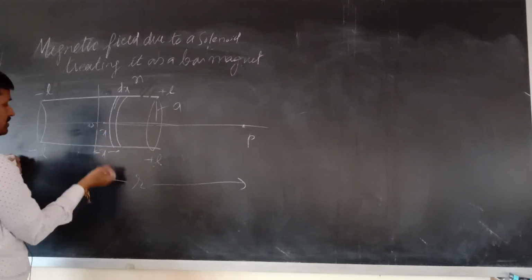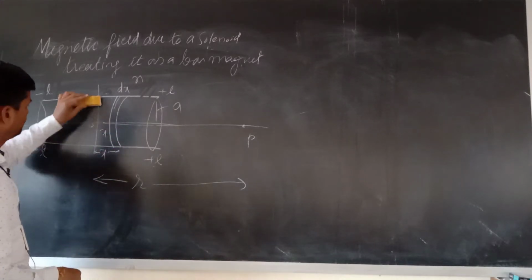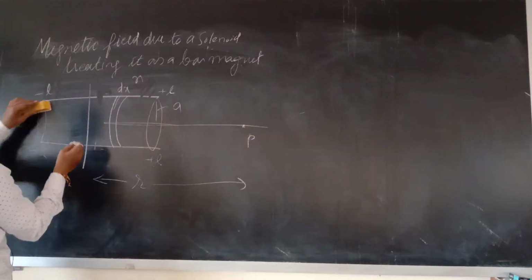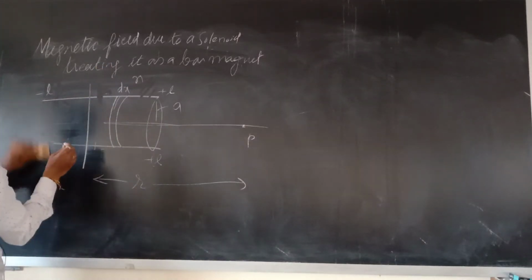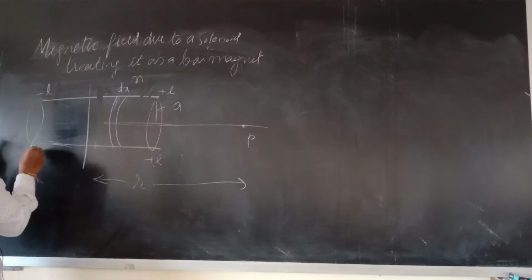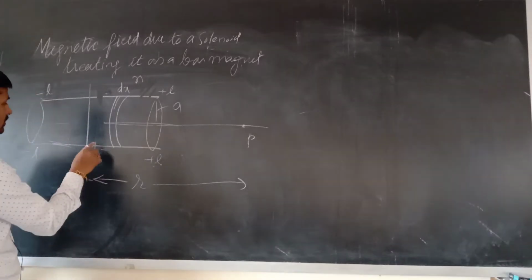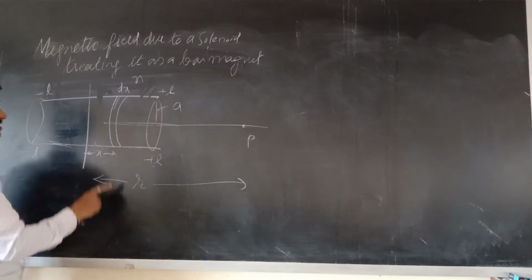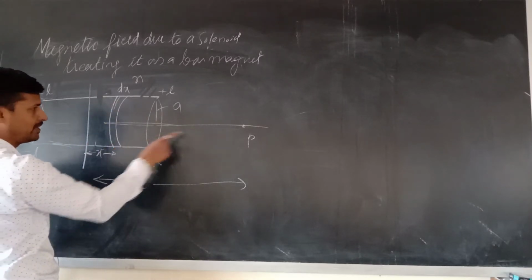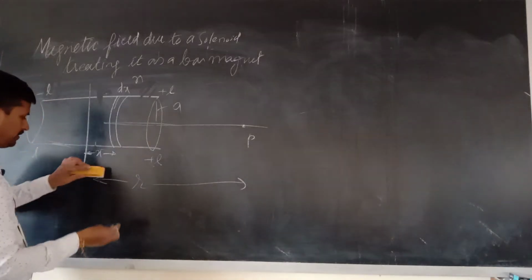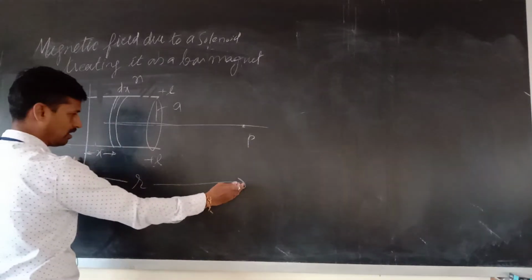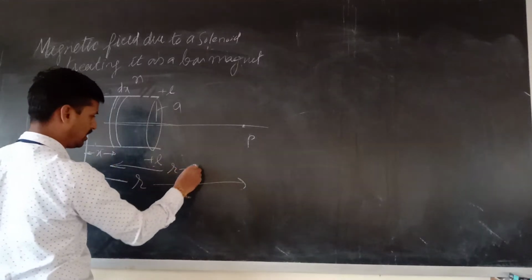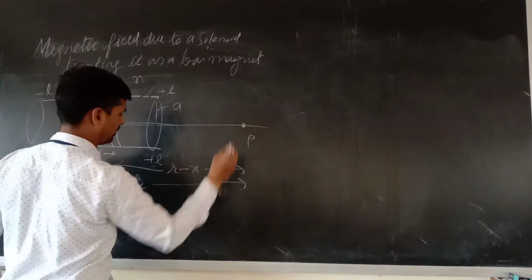I will show the center here. This distance is x. What is the distance between this strip element and the point P? That will be, children, r minus x. So this distance will be r minus x. You should note it properly.